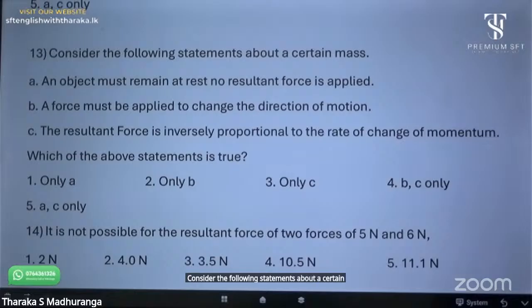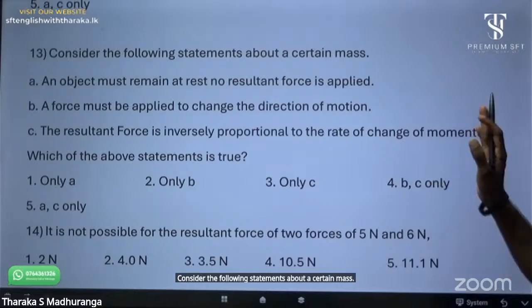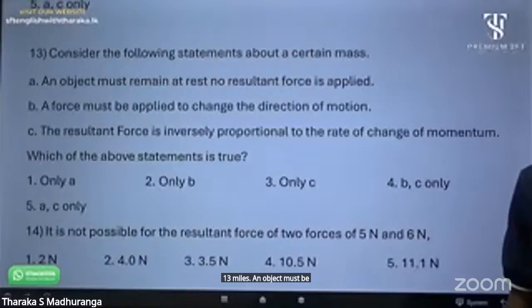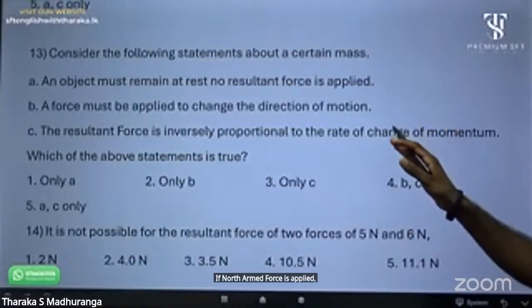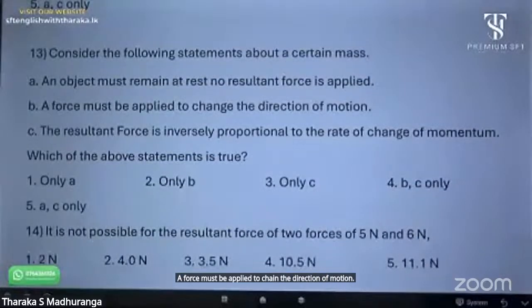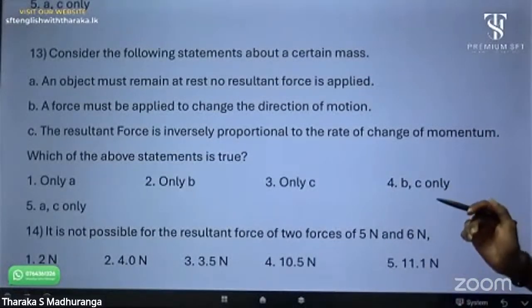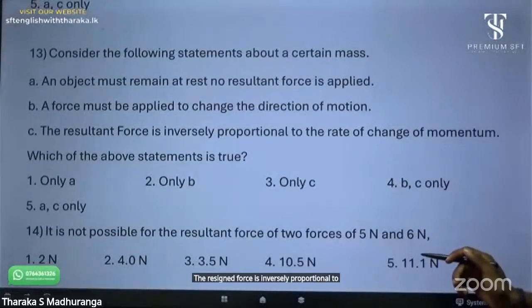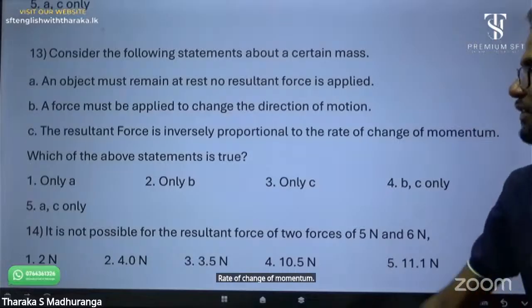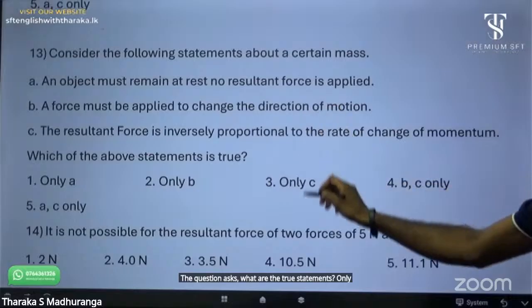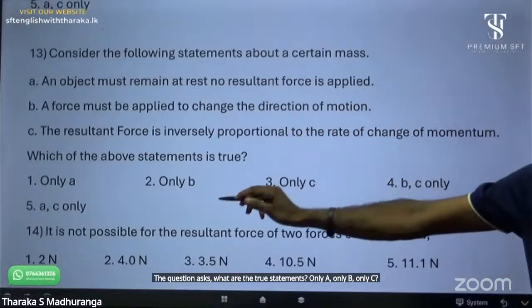A: An object must remain at rest if no resultant force is applied. B: A force must be applied to change the direction of motion. C: The resultant force is inversely proportional to the rate of change of momentum. The question asks, what are the true statements? Only A, only B, only C, B and C only, A and C only.